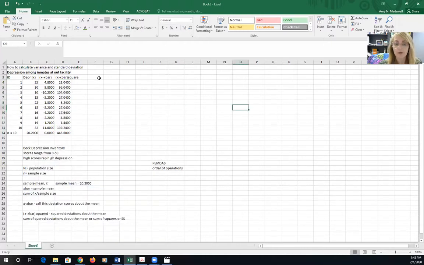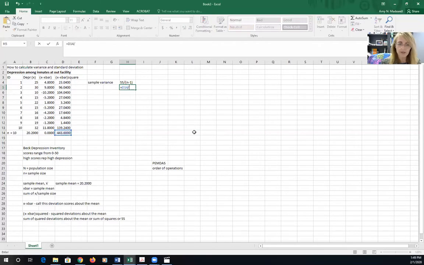Okay, so now if we take our sample variance formula, we have our sum of squares divided by n minus 1. So we take our sum of squares divided by n minus 1, which would be 10 minus 1, divided by 9. Our sample variance then is 49.2889.